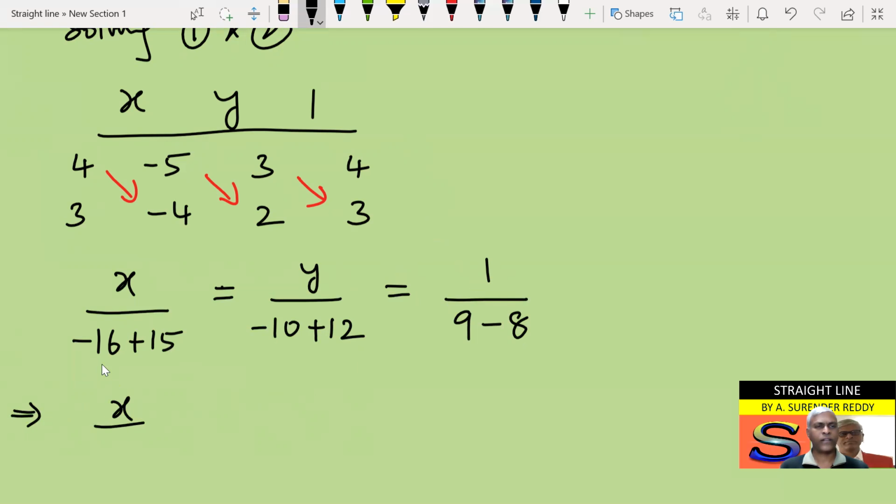Further simplifying 16 plus minus 16 and minus 1, and this is 2. 9 minus 8 is 1.